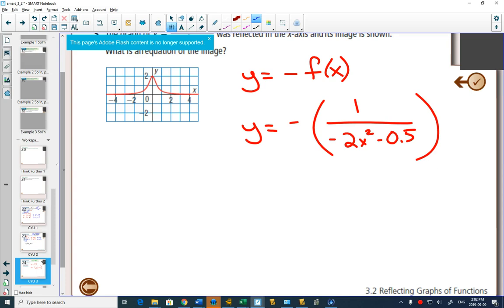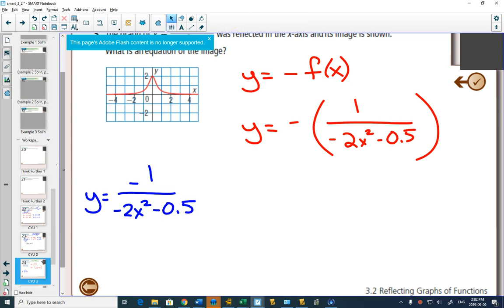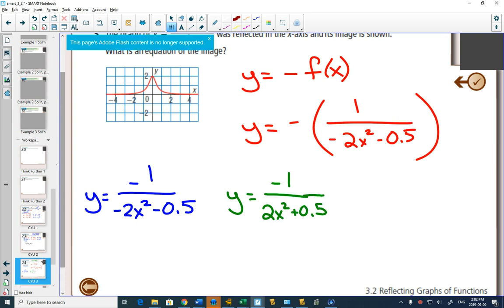Okay, here we go. Number 1, in blue. Number 2, in green. And number 3, in black.